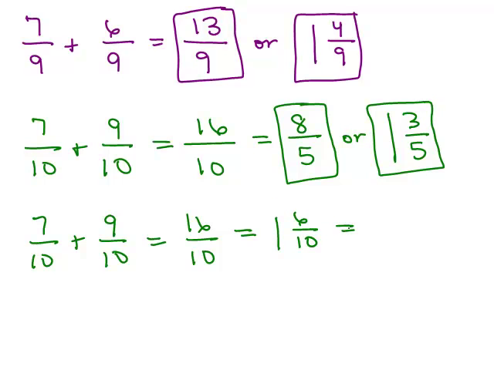And now I just reduce the 6/10 because it's not reduced yet. So I could divide the top and bottom by 2. The 1 is still the whole number part, but 6 divided by 2 is 3, and 10 divided by 2 is 5. And you would get the same answer as if you had changed it to an improper fraction first. So either way, and remember, 8/5 is a perfectly fine answer unless you were told not to leave your answers as improper fractions.